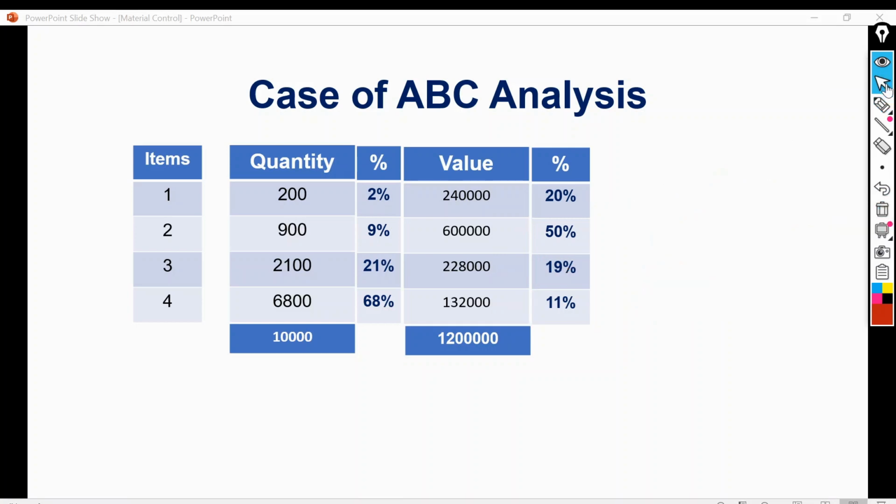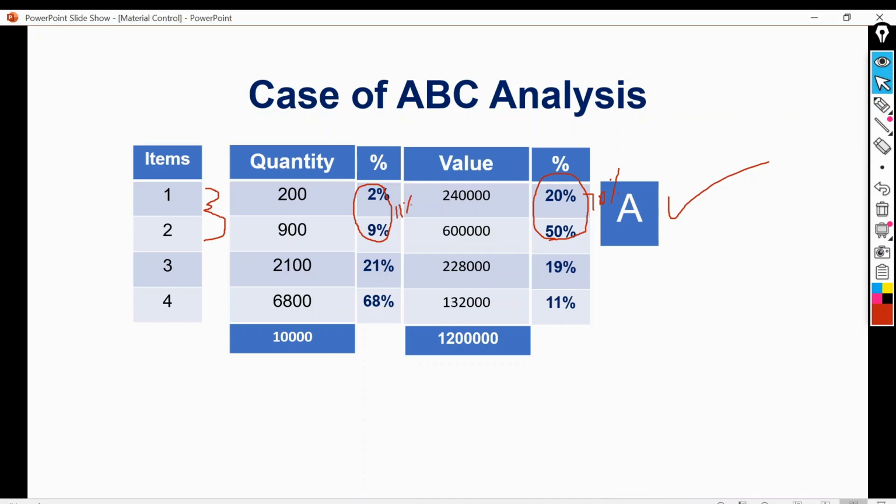After that, we can check the criteria related to ABC analysis. Under category A, items 1 and 2 will be handled by the storekeeper, because these two items have a total quantity of exactly 11%, but the value of both items is approximately 70%. This means items number 1 and 2 are categorized in the A category.